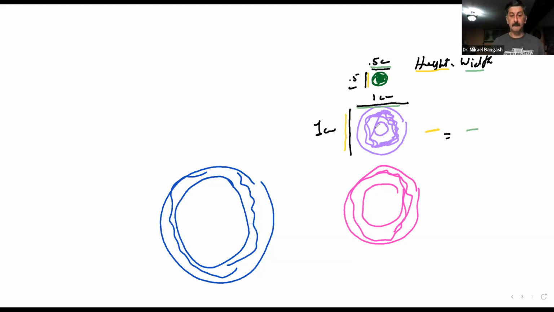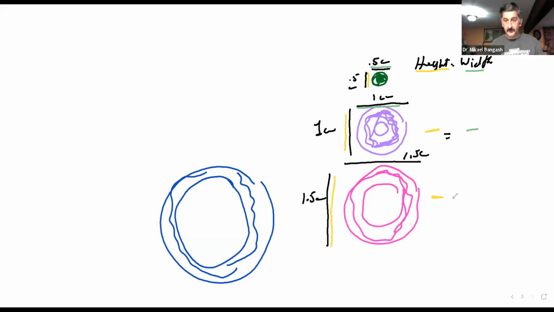Then we go on to the next one, for instance, and say that this is the height, and this dimension here measures the width. Let's say that's 1.5 centimeters. But the height is still going to be equal to the width.